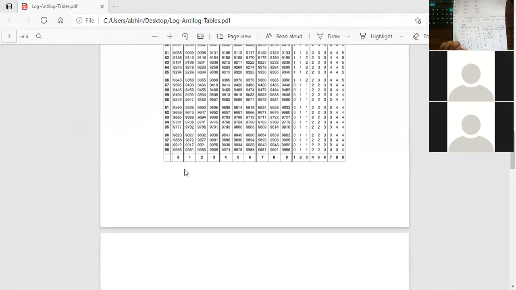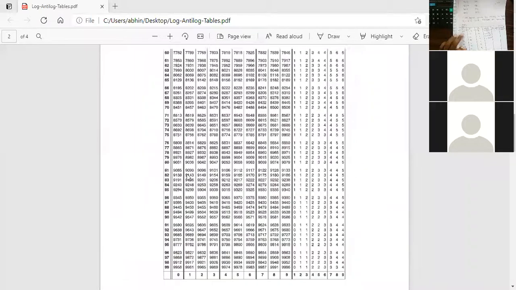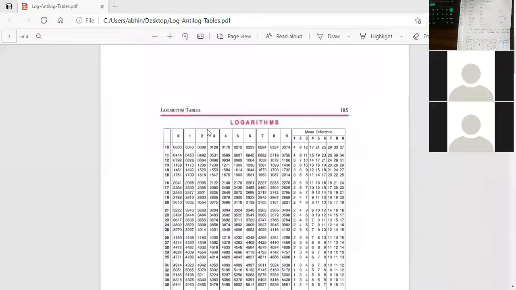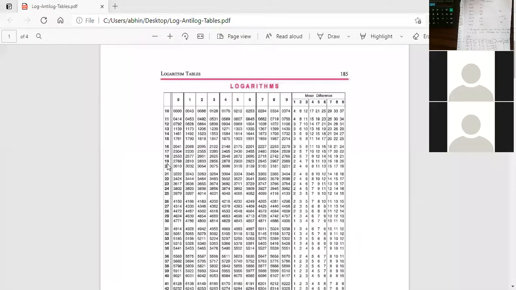What is the log for 190? There are 3 digits in 190, so 2 point. Then 19th row, 0 column, that is 2788. So for 190, it is 2.2788.